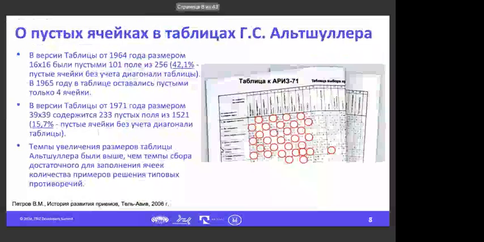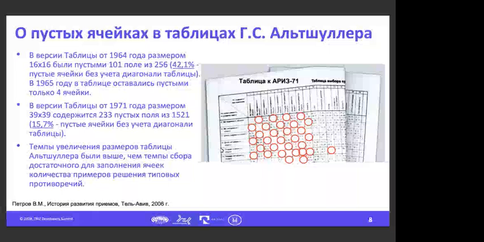Regarding those empty cells in Altshuler's table, I'd like to speak about it as well. There were several versions of the table, including one dated 1964, which was very different from the current version. It was 16 by 16 lines, and there were 101 empty spaces there, so a big percentage was not filled.